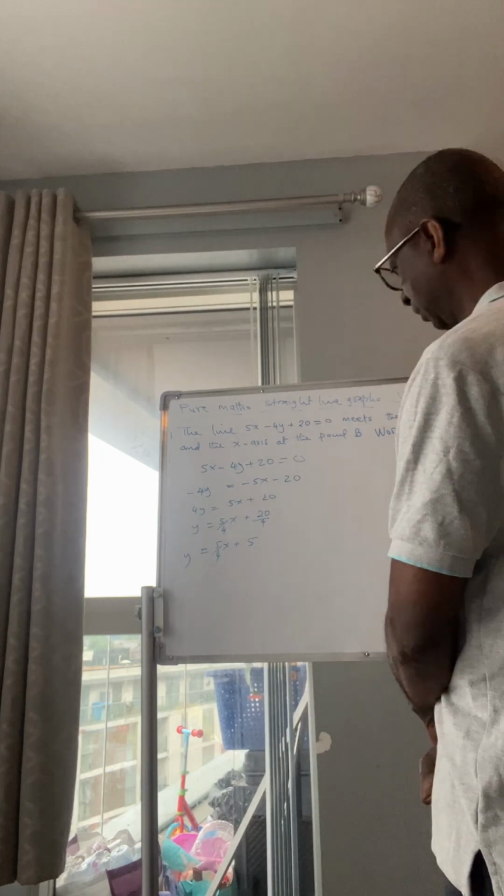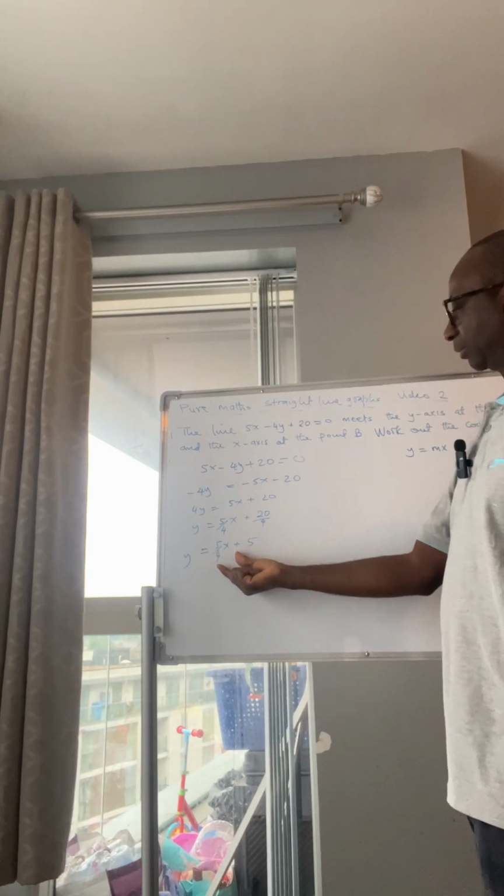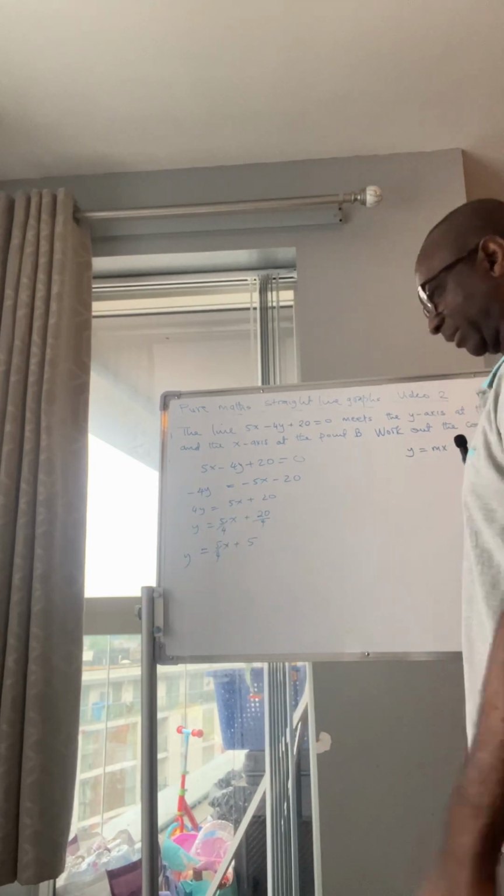So the coordinates of A and B, how do you work out that one? When x equals 0, what will be the value of y?